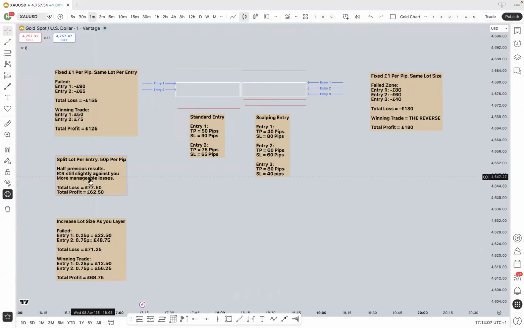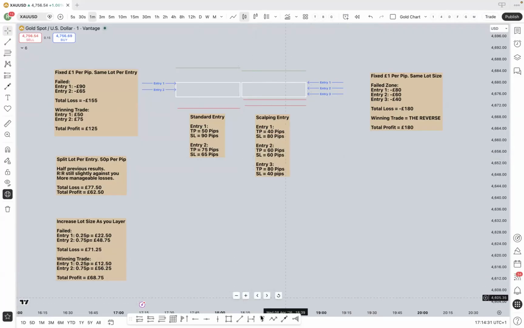Again, I won't bother splitting it. Obviously, if you do split that down the middle, you're just going to end up halving it, okay? Which, well, not quite halving it because there's 3 entries, but it basically equates to £63 loss. So in fact, I will type it out. Why not?